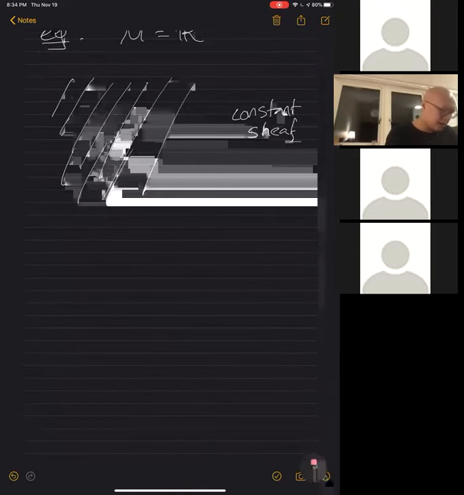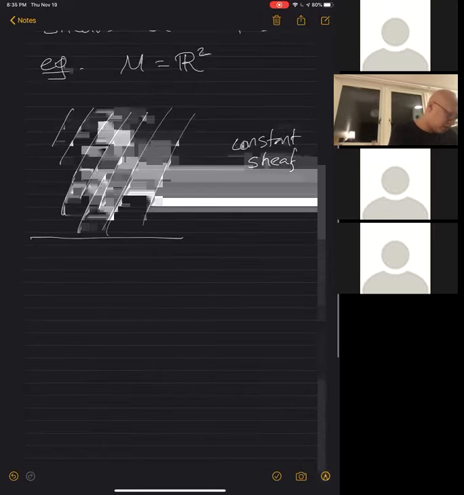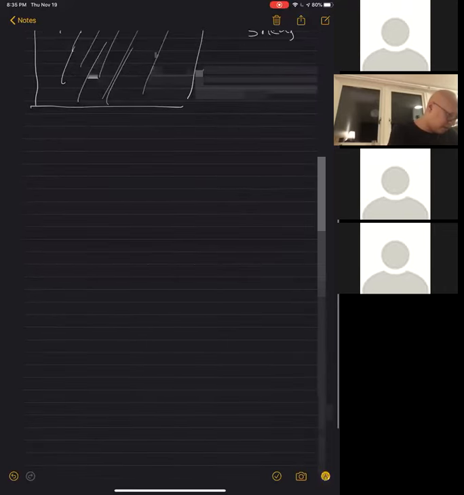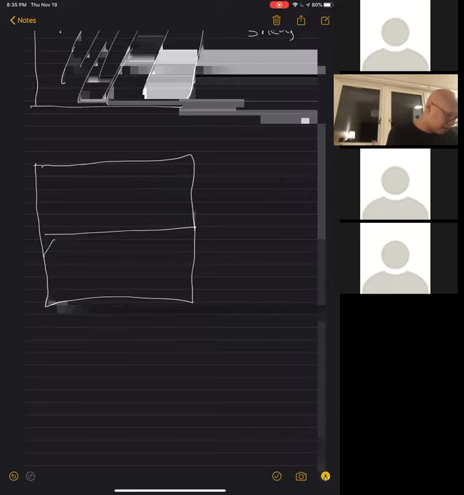So maybe this is not such an interesting sheaf, but already a bit more interesting example is, if I take a sheaf which is maybe the constant sheaf supported on the lower half plane.